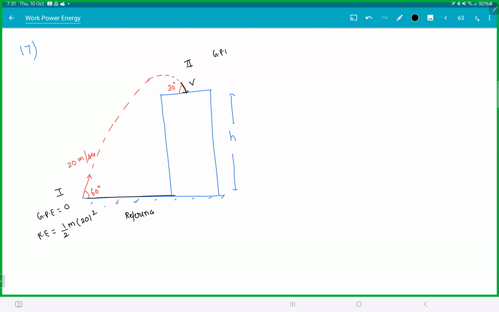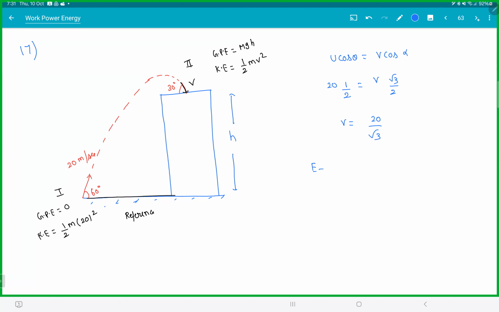State 2: gravitational potential energy mgh, kinetic energy half mv square. First thing, from kinematics, we know u cos theta is equal to v cos alpha. Horizontal velocity always remains constant. So this is 20, cos 60 is half, v I don't know, and cos 30 is root 3 by 2. So from here I got v is equal to 20 by root 3.